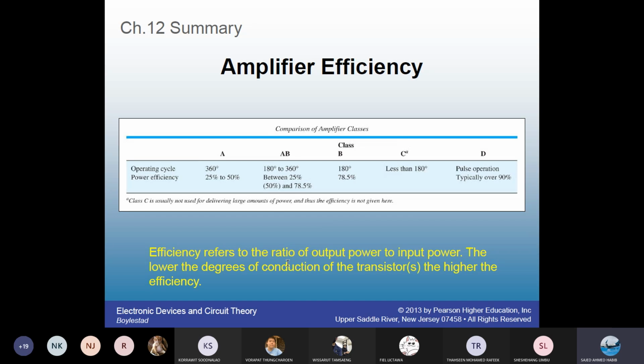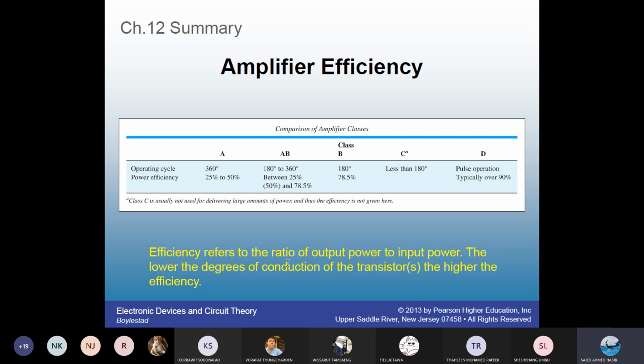The table here shows the operating cycle and power efficiency of all these 5 classes. As you start from the lower letter and then go to higher letter, you will see the conduction cycle is decreasing. For example, class A, full output 360 degree. Class AB is between 180 to 360. Class B is 180.